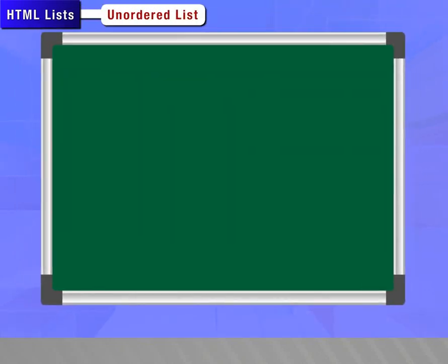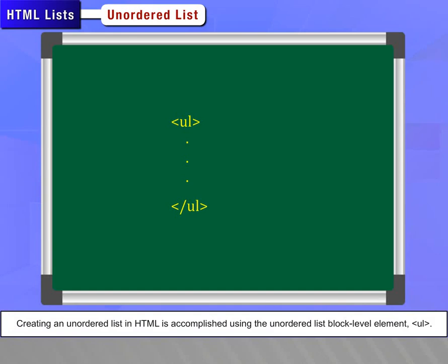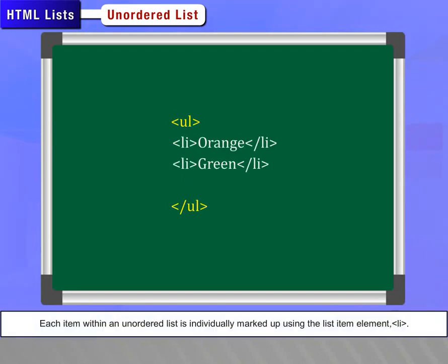Unordered list. An unordered list is simply a list of related items whose order does not matter. Creating an unordered list in HTML is accomplished using the unordered list block level element UL. Each item within an unordered list is individually marked up using the list item element LI.